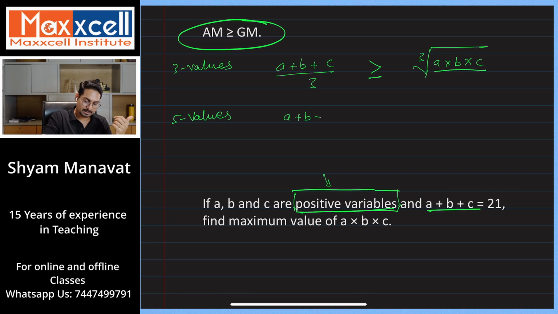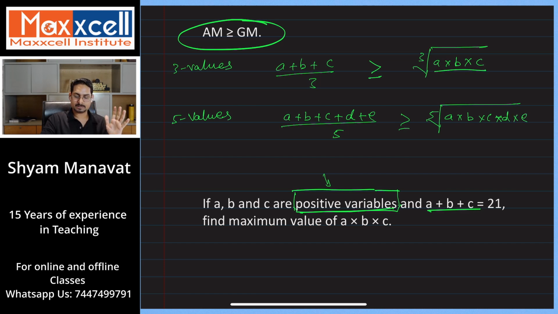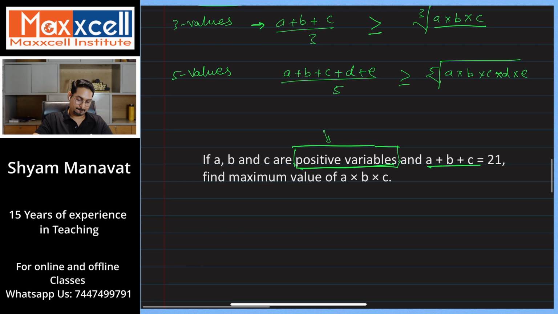A plus B plus C plus D plus E by 5, which will be more than equal to fifth root of A into B into C into D into E. So this is no brainer. You need to keep the formula simple. Sum of values by number of values is arithmetic mean, and nth root of product of n values is geometric mean. Okay.